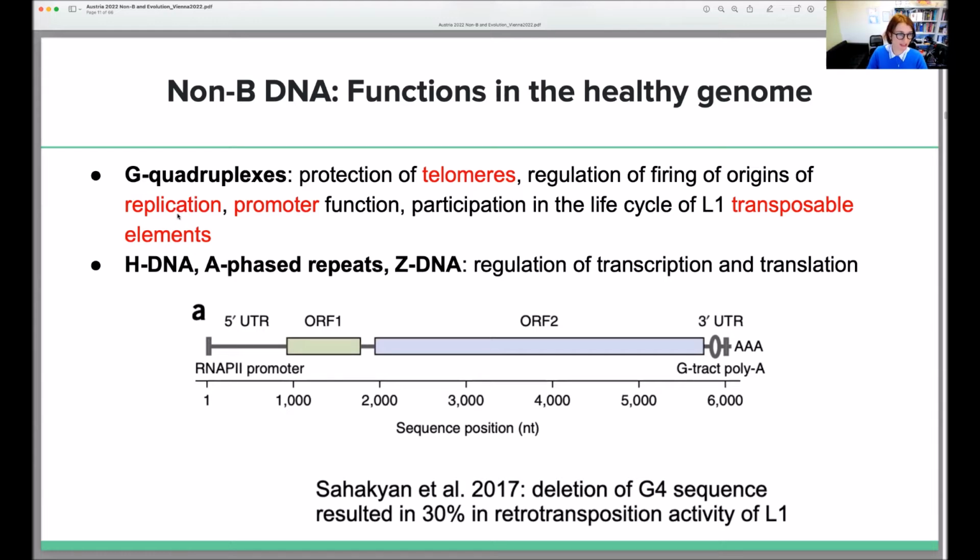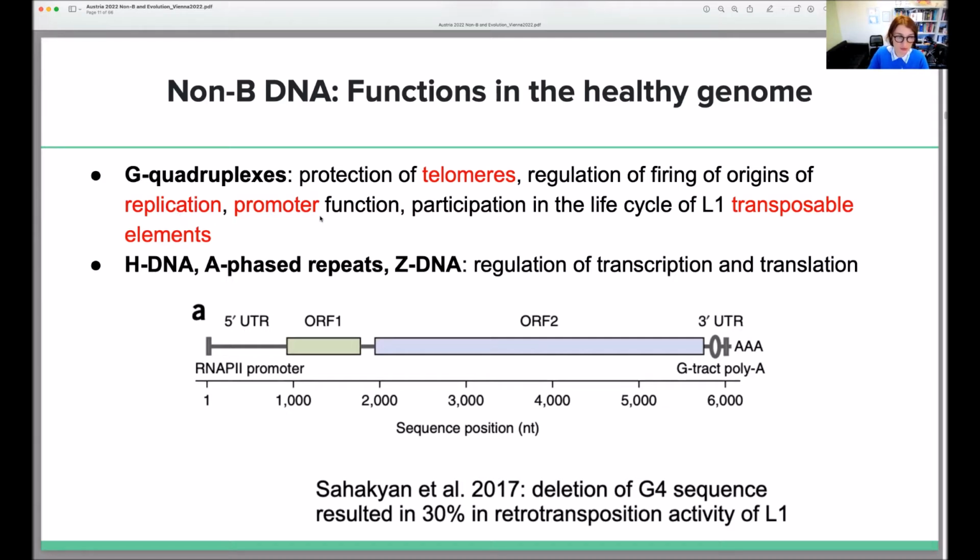Also, G quadruplexes are enriched in origins of replication in mammalian genomes. Not all origins of replication have G quadruplexes, but about 85% of origins have them. And there they are functional. They are contributing to replication initiation.